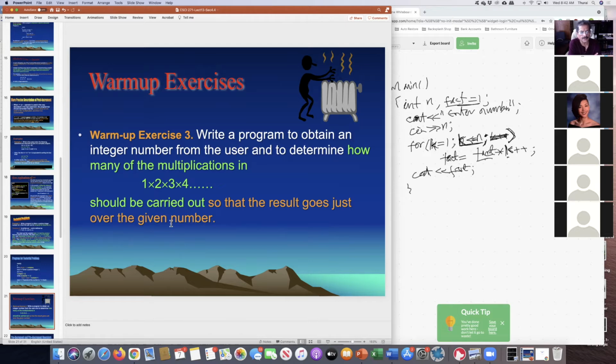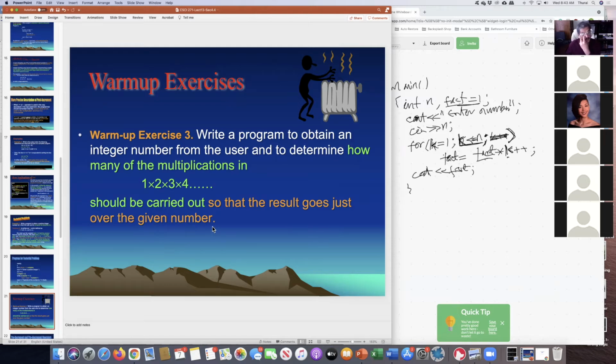So if the user has entered like 981, then you need to determine how many multiplications here, 1, 2, 3, 4, all the way to wherever we need to. We don't know how far we need to go with that. How many of these multiplications need to be done to get the product to go over the given number 981, okay? So let me see if you can write that.